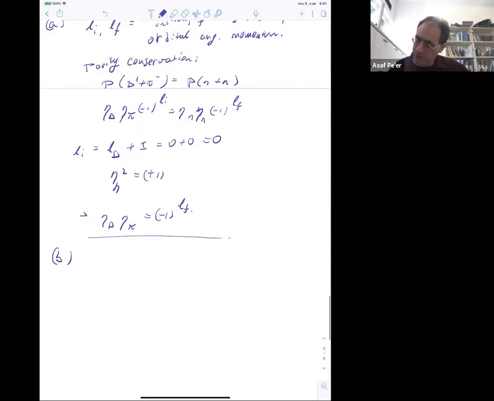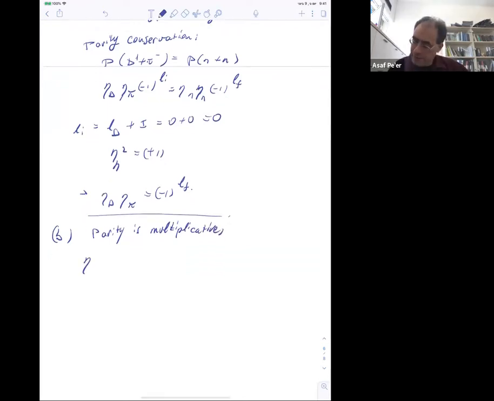Now we know that parity is multiplicative. So we know that eta deuterium is eta neutron, eta proton times (-1) to the power L_D. So eta neutron, eta proton, actually they are 1, or that will be the same anyway. So it's 1 times 1 times (-1) to the power L_D, and L_D, I actually wrote it down, is 0.